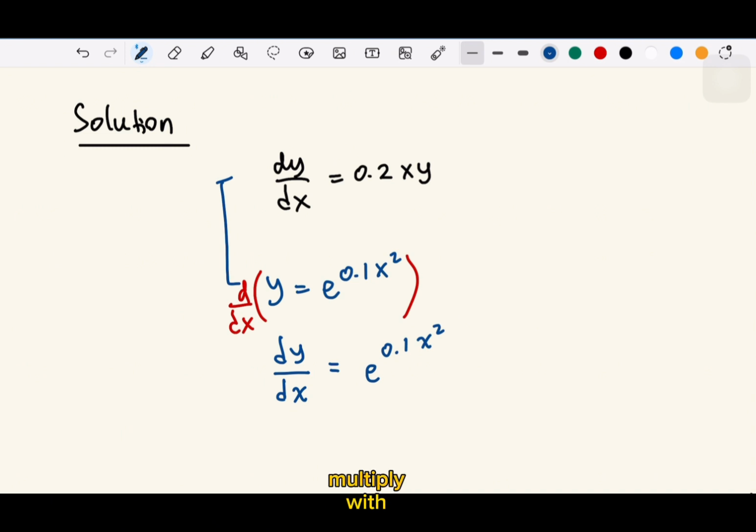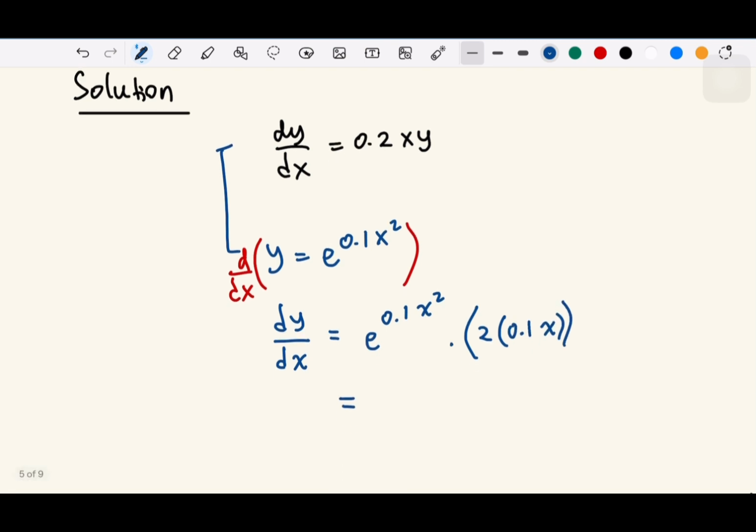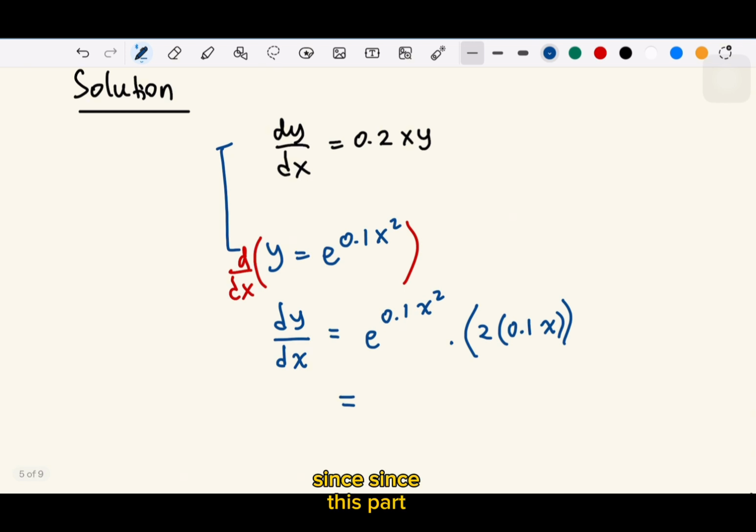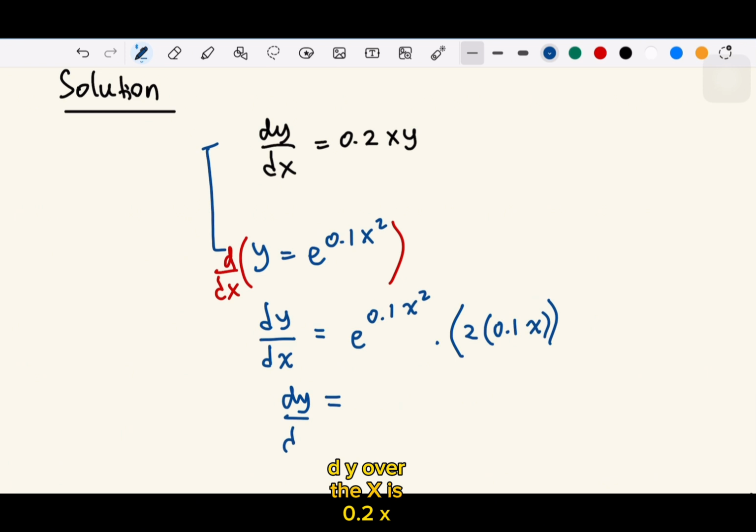And then we need to multiply with the chain rule, right? So we need to multiply with 2 times 0.1 x, or since this part is our y, so I'll write this y. So we have dy over dx is 0.2 xy, right? Okay.